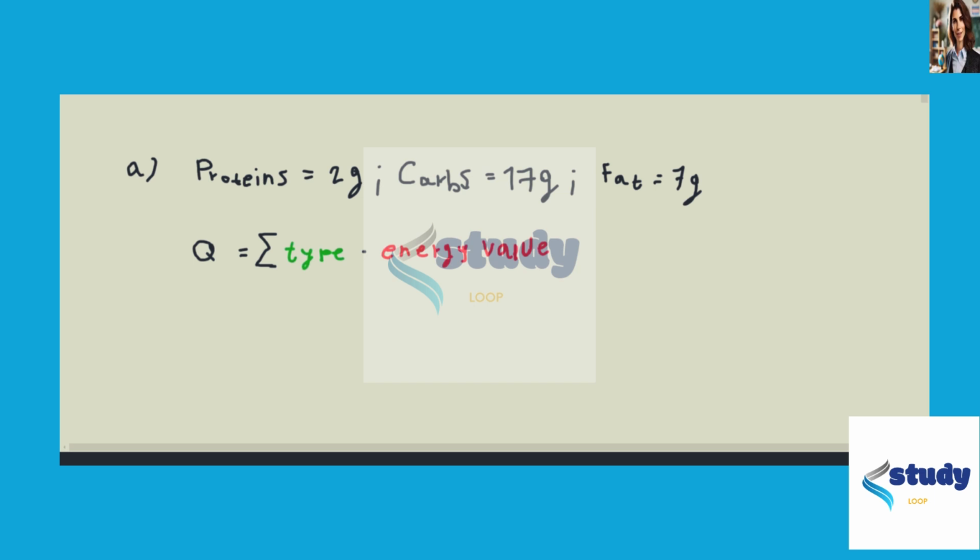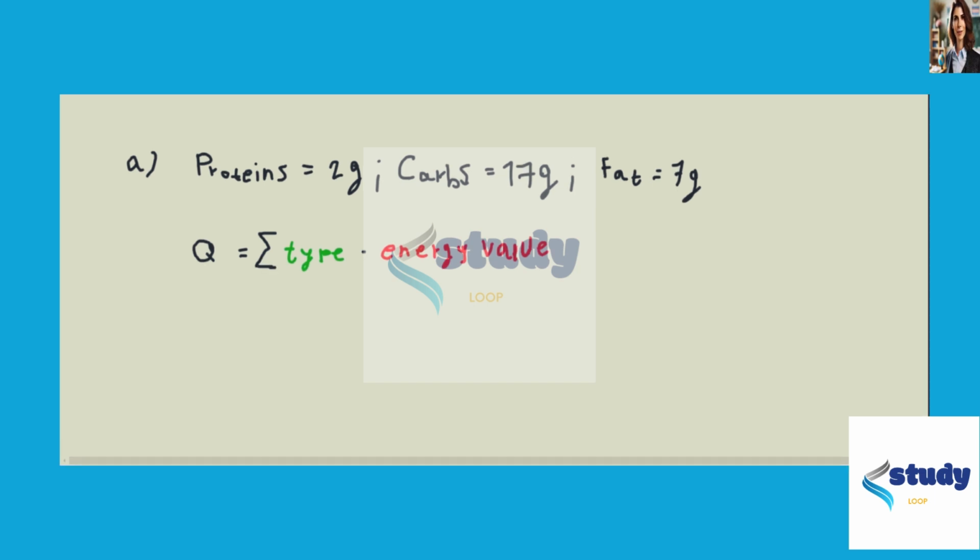So here we are given these bio donuts for breakfast. Like any other food, they have their values in proteins, carbohydrates, and fat. Now we are given the exact mass for each of these. We know how many proteins, how many carbohydrates, and how much fat there is in a donut.